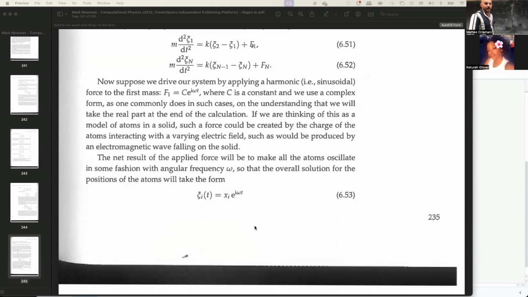So what is Euler's equation? Cosine t plus i sine t. Okay.